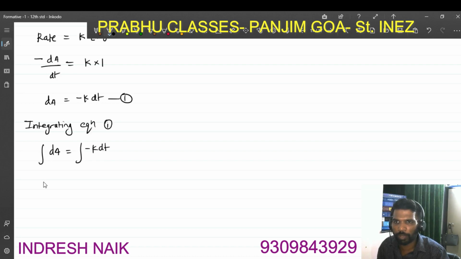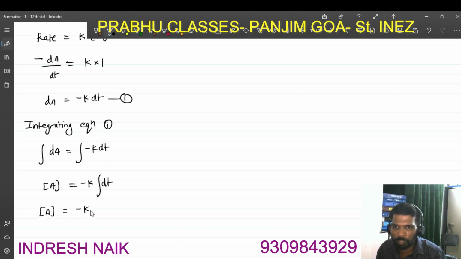What I will get over here is that the integral of dA will be equal to A, and here minus k is outside, and it will be the integral of just dt. So A will be equal to minus k times t plus the integration constant I. This is my equation 1.